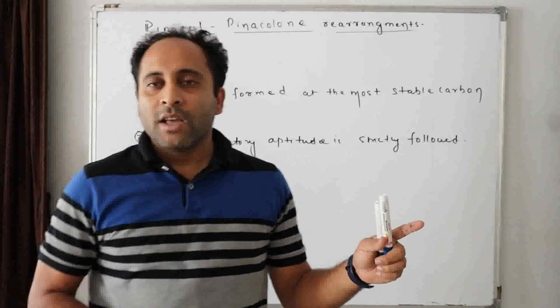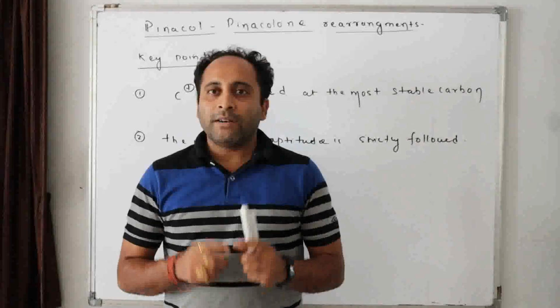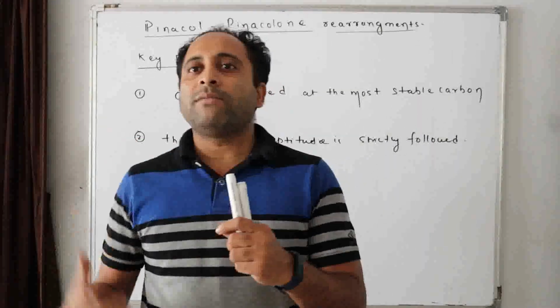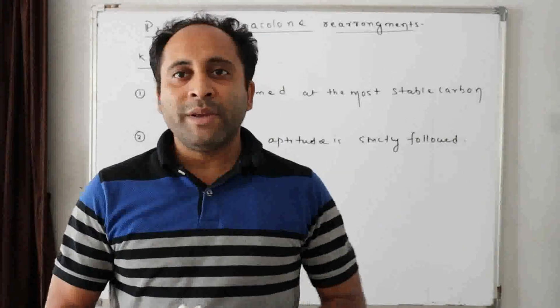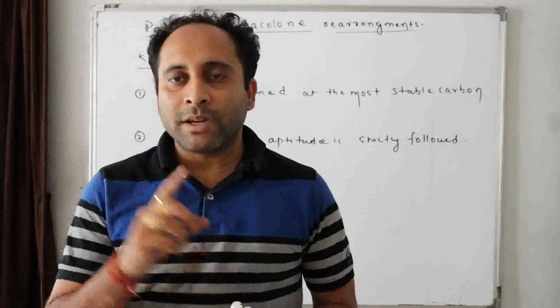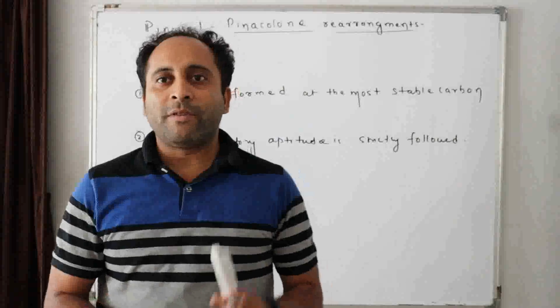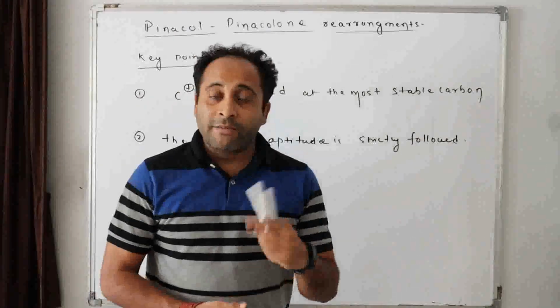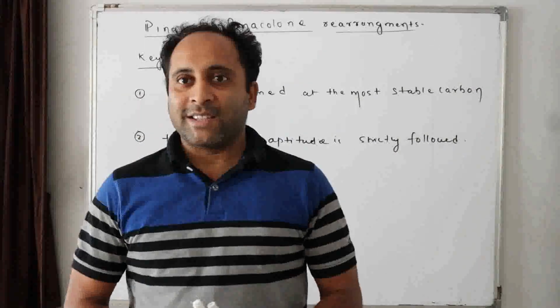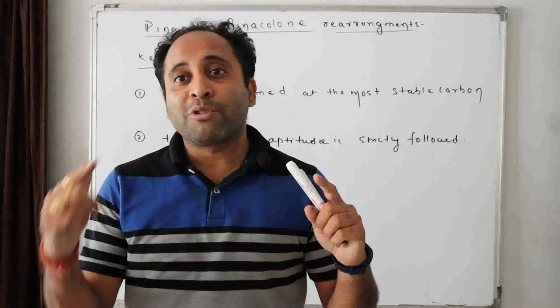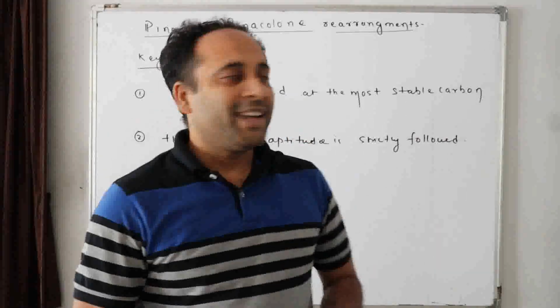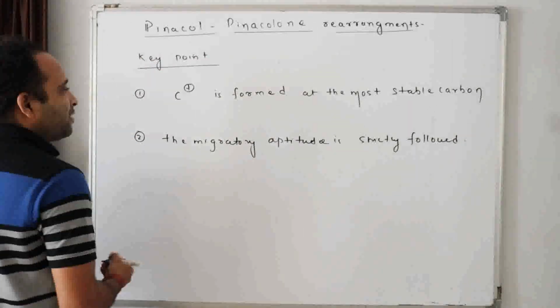I mean to say, when there is a carbocation and different groups are attached and they are in the mode of shifting, then the group that will be shifting will be the one forming the most stable carbocation. And when similar groups are attached, the group which has more electron density will shift. Now here the migratory aptitude is strictly followed.